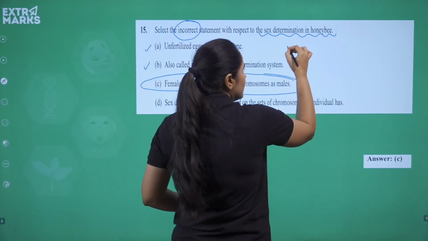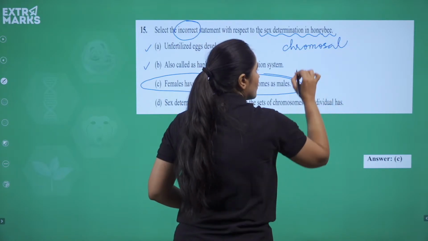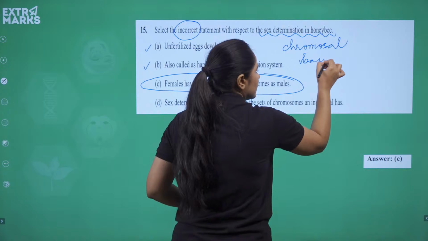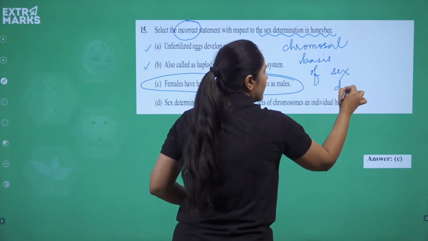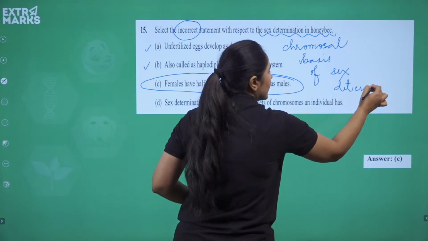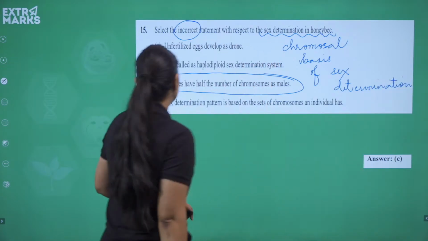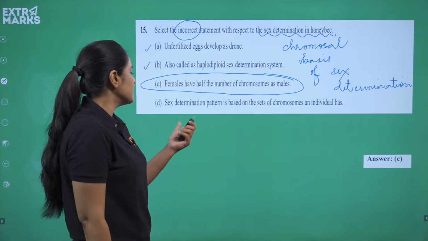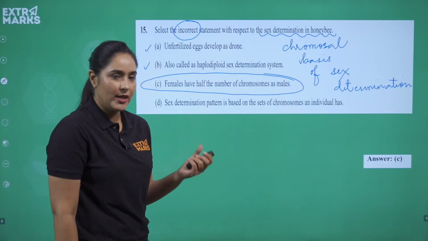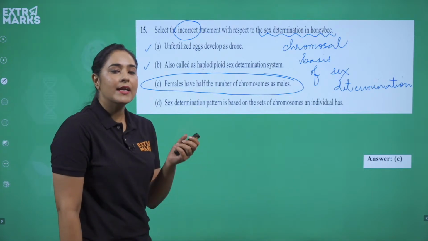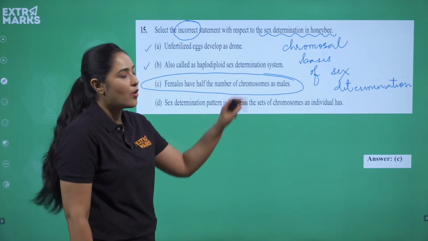Sex determination in honeybee is also chromosomal basis of sex determination. So we are having this statement here incorrect. Fourth statement says that sex determination pattern is based on the sets of chromosomes an individual has. So obviously I have said that it is also having this chromosomal basis of sex determination in case of honeybees.